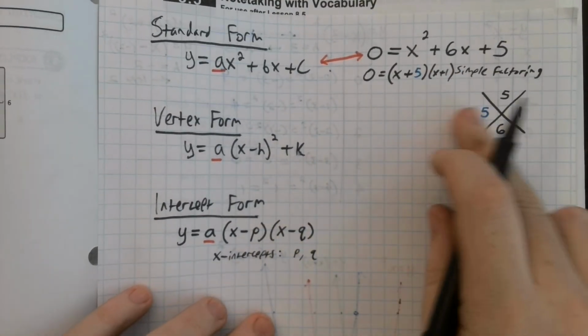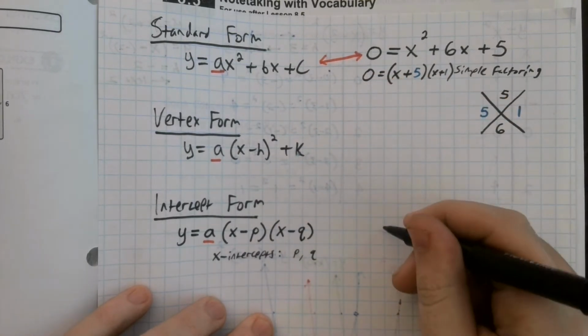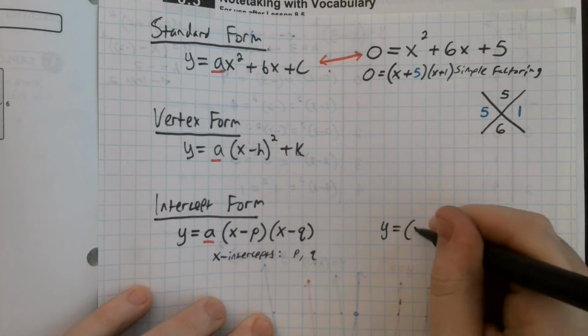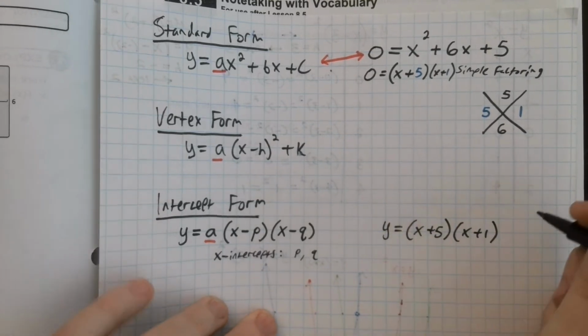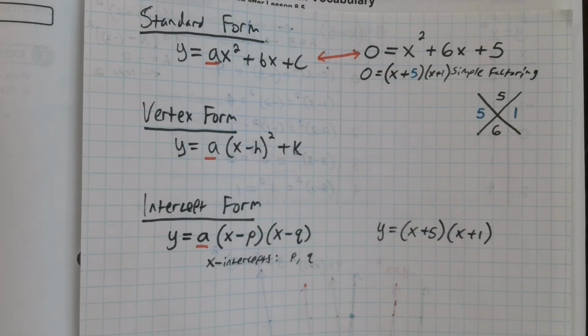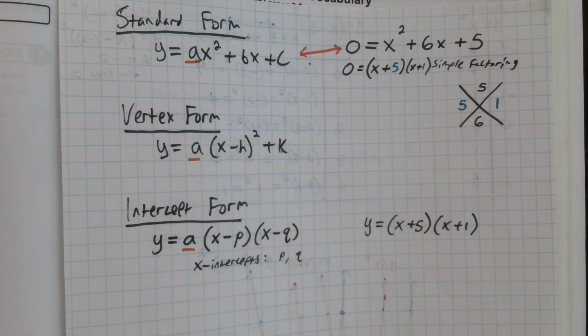Let's take a look back at our equation here. If we had our equation all the way up here as y equals x plus 5 times x plus 1, what are our p value and q value? Be very careful. Just like with vertex form, we want x minus whatever our p value is.